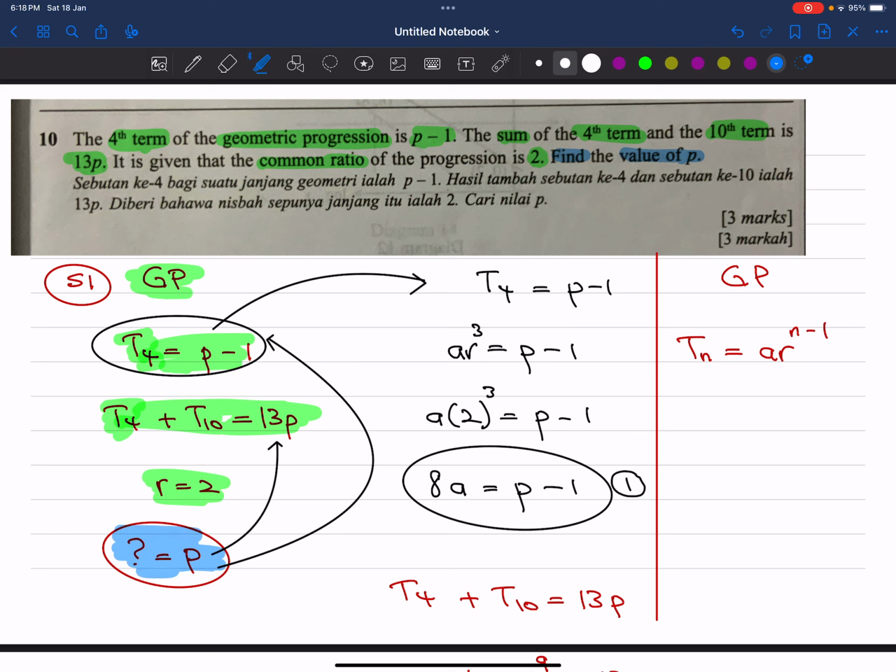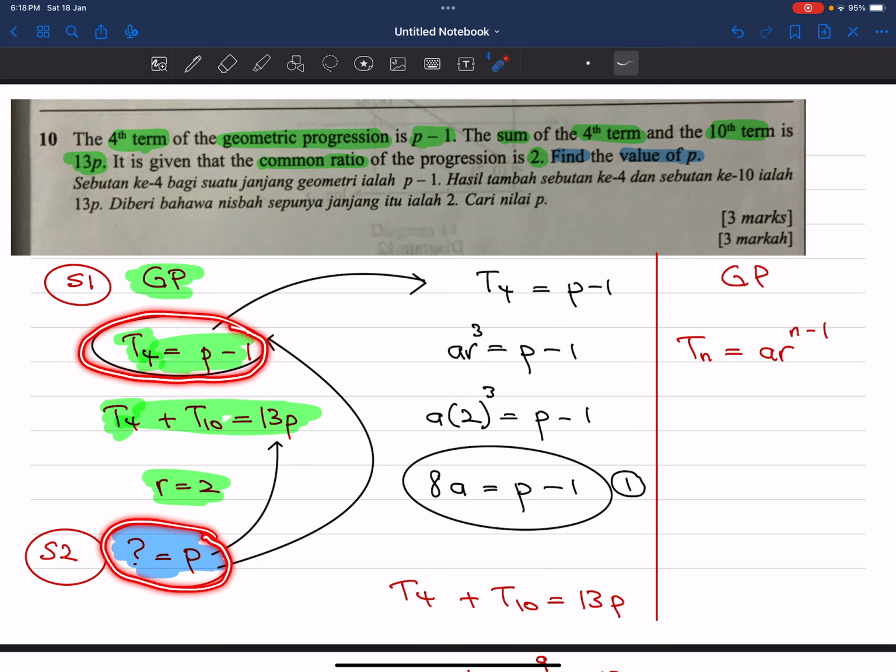Now watch carefully, it's a good question. As usual, step 2, I'm going to start from what they ask. They are asking P, so I will go to P. Now there are two P's. I go to the first P, which is T4 equals P minus 1.